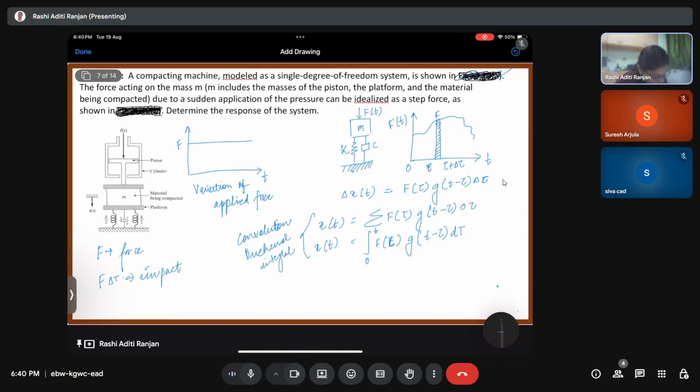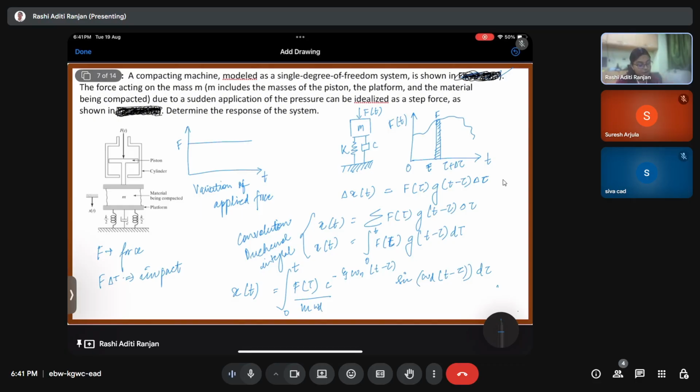So we can further write x of t as the integration from 0 to t of f of tau into e to the power minus eta omega n (t minus tau) into sine of omega d (t minus tau) d tau. There should be an m into omega d in the denominator over here as well. Okay, I hope this is clear.